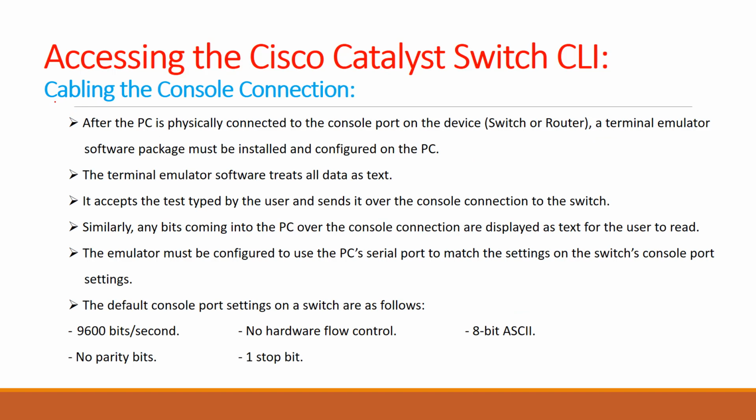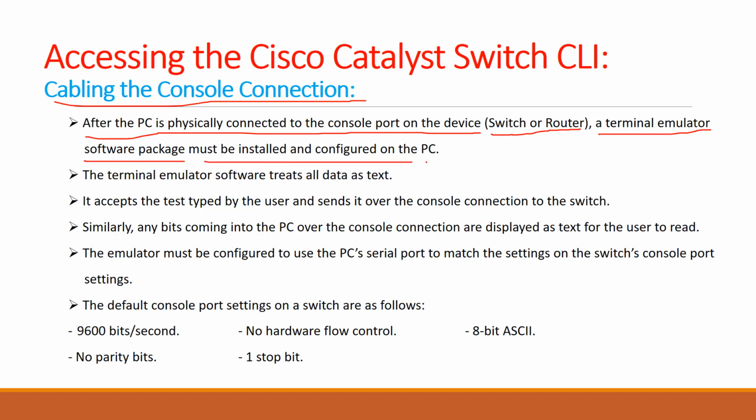Cabling of the console connection. After the PC or laptop is physically connected to the console port of the device, which is a switch or router, a terminal emulator software package must be installed and configured on the PC. You have to have a terminal emulator.